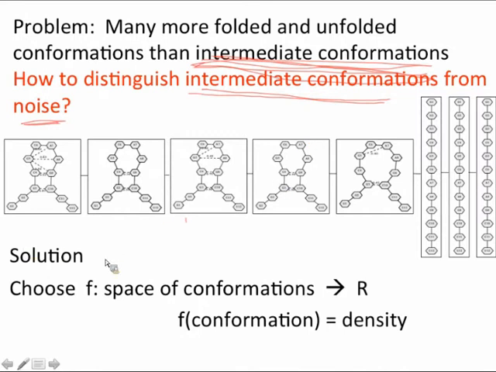Well, their solution was their filter function, which went from the space of conformations, and their space of conformations was basically which contacts were formed. So this would be a conformation if we just specified that these two contacts were together. You can instead have your space of conformations be the 3D coordinates of each individual atom if you want.